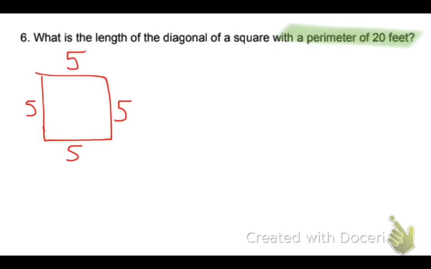Now we're looking for the diagonal, so we want to go across it. Well, what kind of triangle did we just make? Well, when 2 of the legs of a right triangle are equal, so there and there, that's a 45, 45, 90 triangle. Remember, the only one of the 2 triangles that has 2 sides that are the same is the 45, 45, 90.